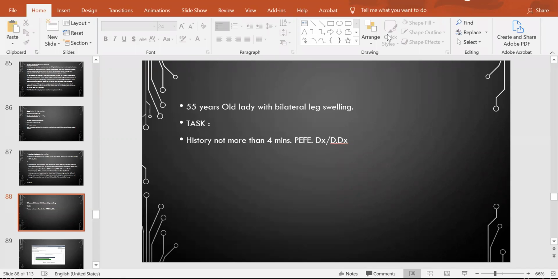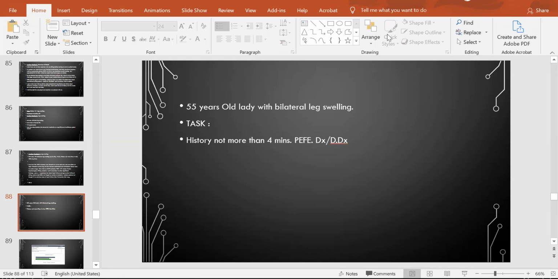Examiner, I would like to know my patient's general appearance. As you can see, okay. And the vitals are the same as before. I would like to know the pulse and blood pressure. The pulse is 90 beats per minute, blood pressure is 110 by 80.